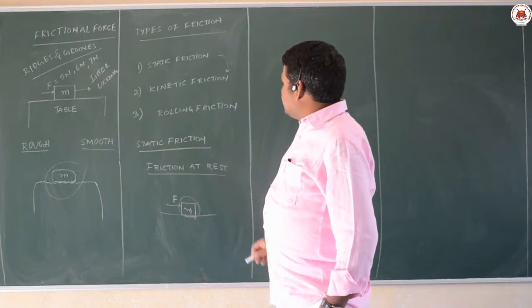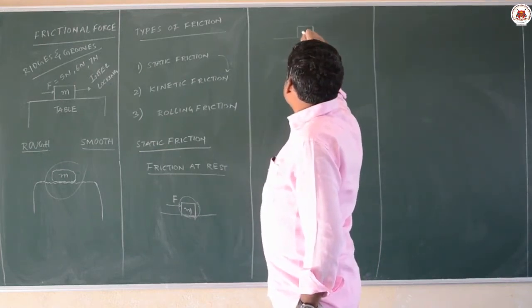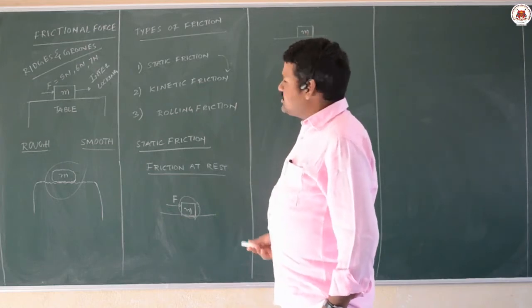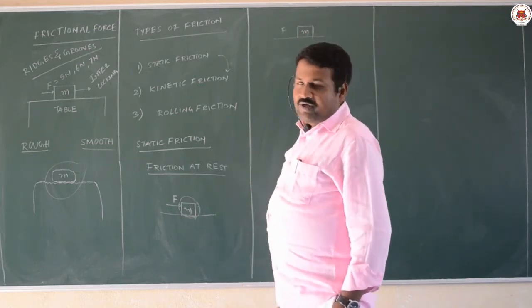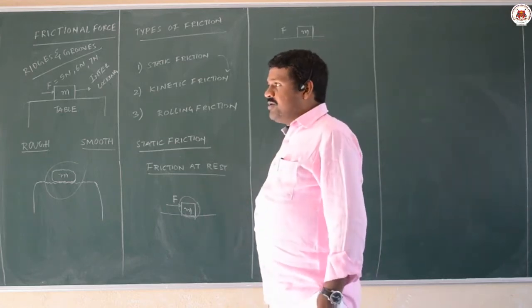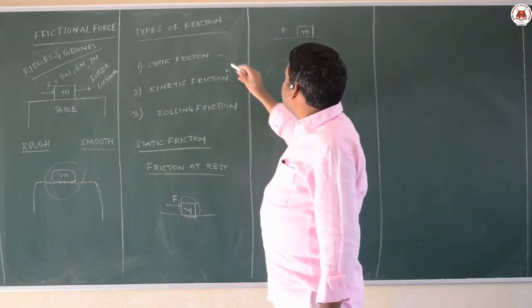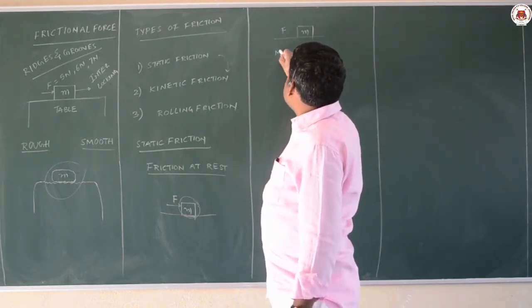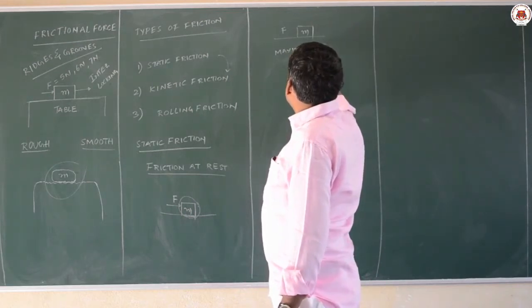Suppose a body of mass m is there, and I applied some force F, still that body is at rest only. If I go on increasing the force value, at a certain value of force, the body will detach. That is called limiting friction, the maximum static friction.